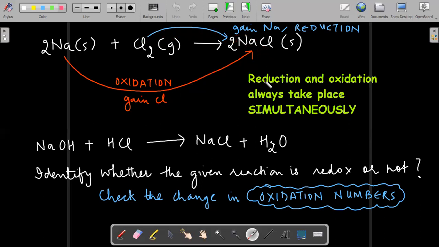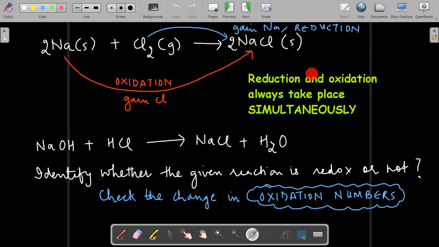Now one very important thing to note, that reduction and oxidation always take place simultaneously. Means if any species is getting oxidized, another species is definitely going to get reduced. It might happen that there are two species which are getting oxidized and one which is getting reduced if there are three reactants.